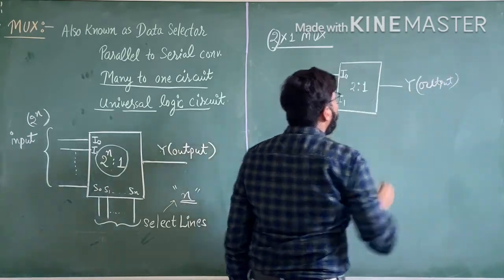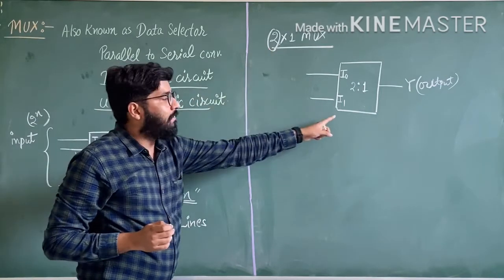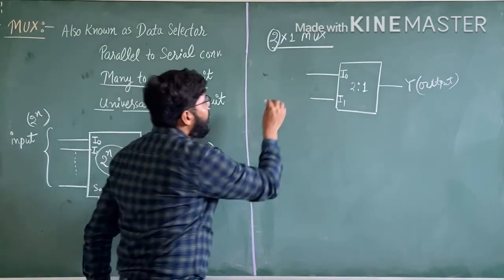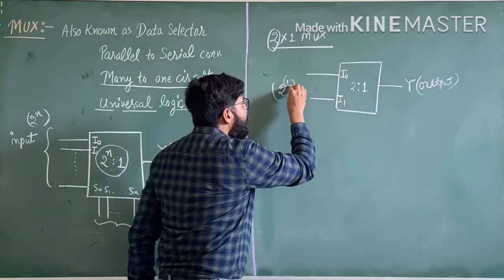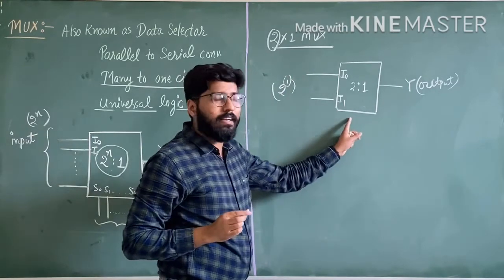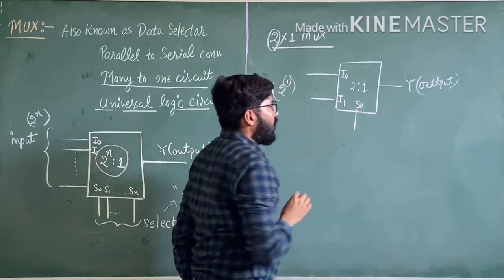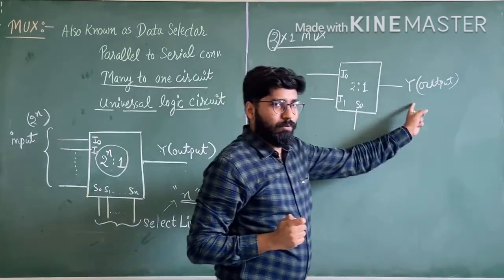If we have 2 raised to the power 1 input lines, then we have only one select line, that is S0. With the help of the select line, we get the output.